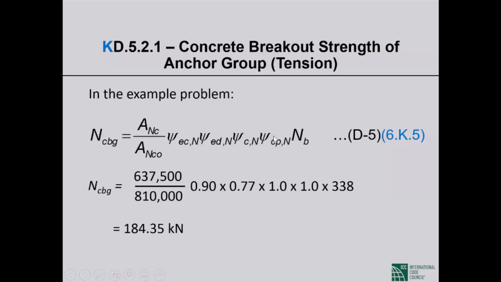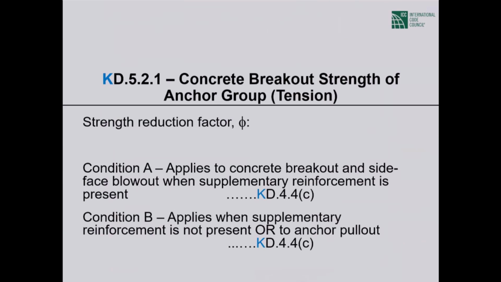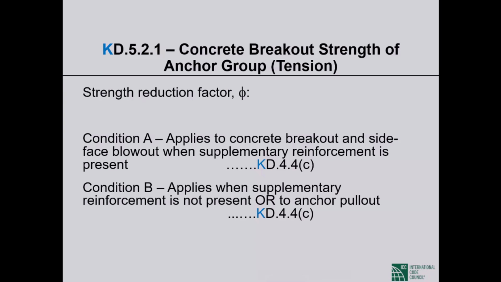We have cast in place anchors, so post installed anchor correction is 1.0. Basic breakout strength 338 kilonewtons. So we have a group breakout strength of 184.35 kilonewtons. Phi factor.